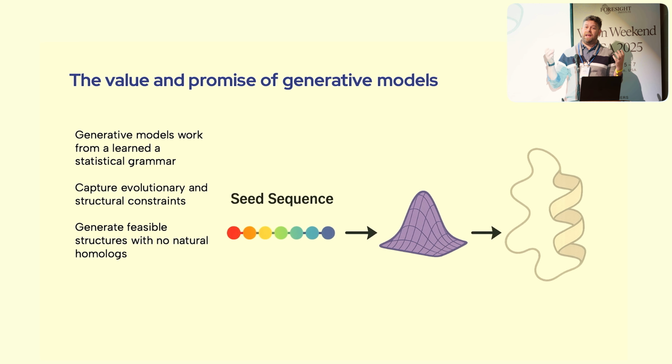So you take an amino acid sequence, you run it through this statistical representation, and out of the back end comes a feasible structure. Many times these are structures with no natural homologs.